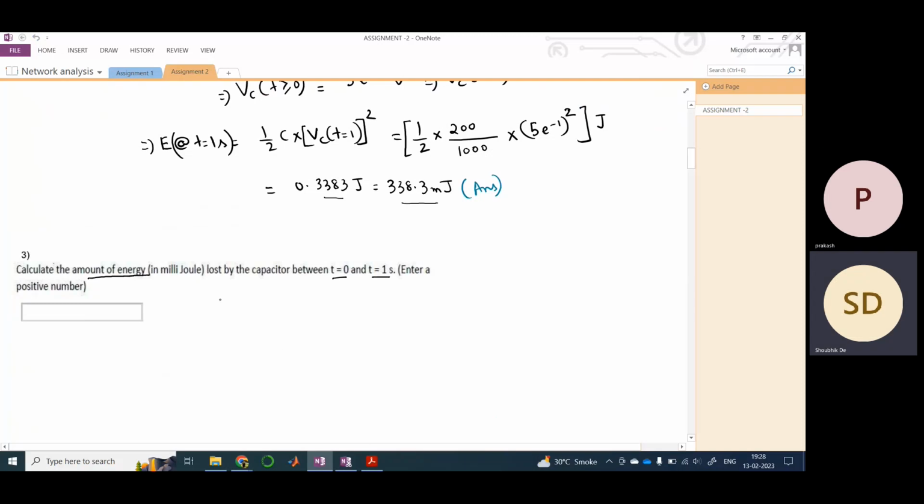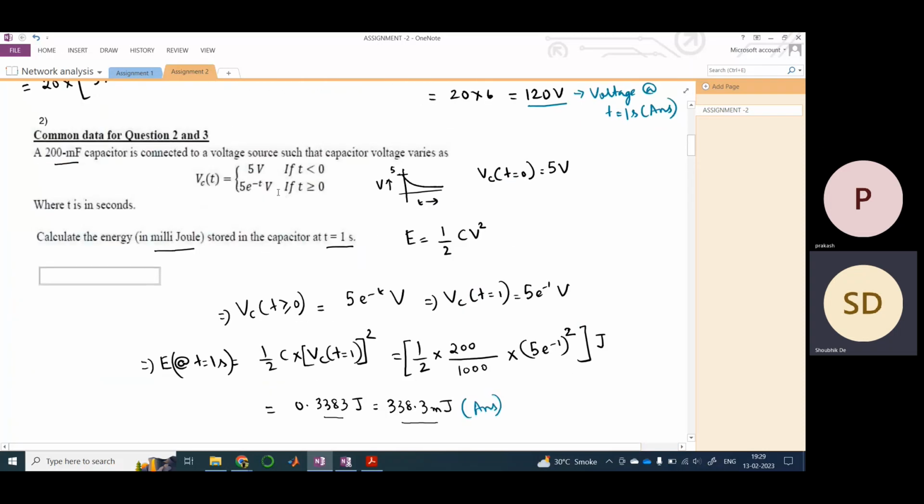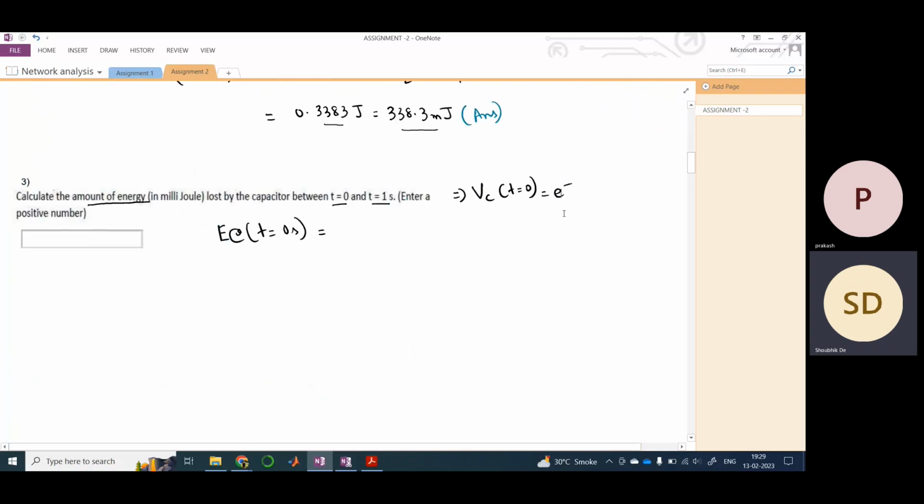Therefore, the energy at t equals 0 second would be what? First of all, what is my voltage at t equals 0 second? Vc at t equals 0 is 5 e to the power minus t, right?